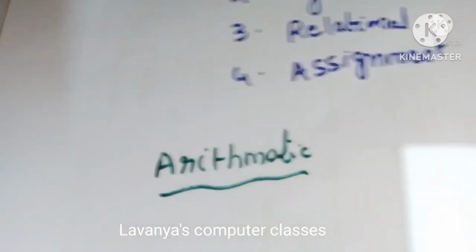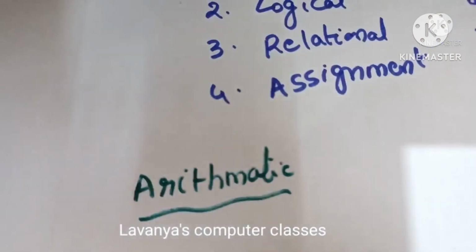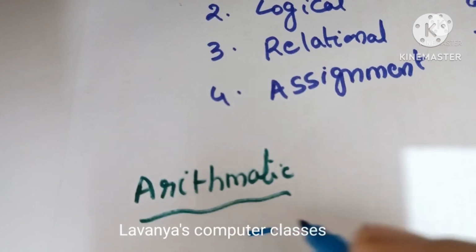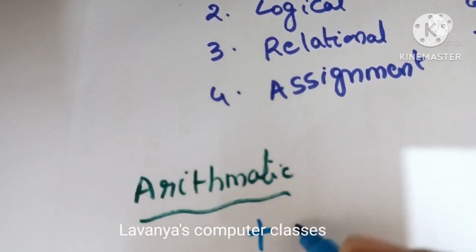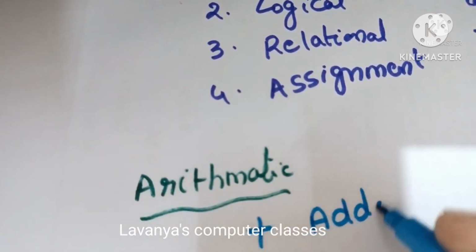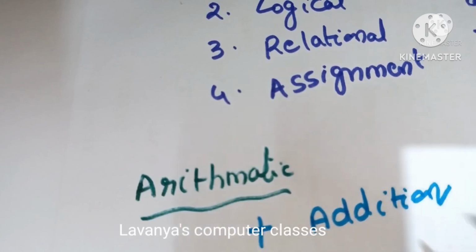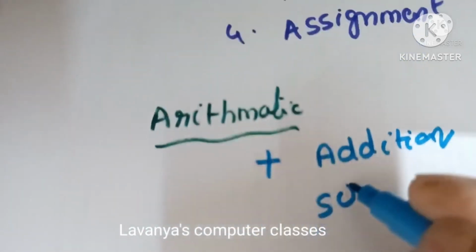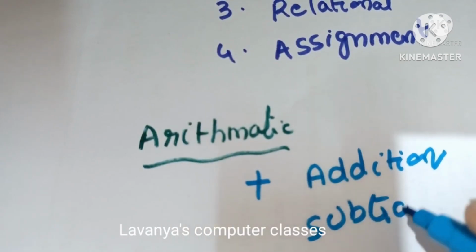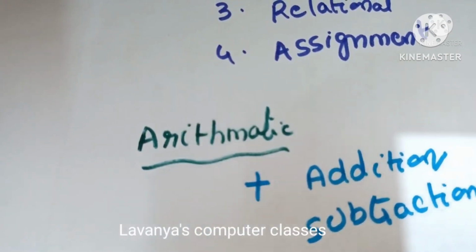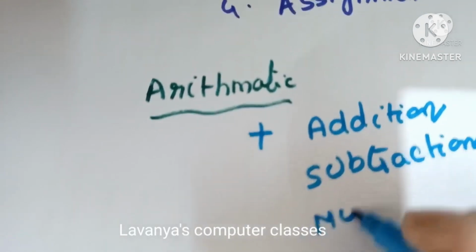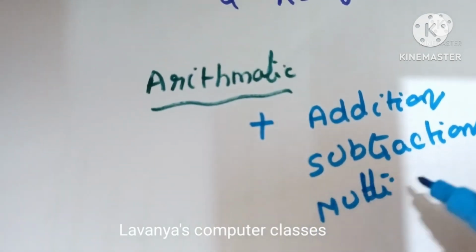In C language, we have 5 arithmetic operators. First arithmetic operator is addition. Second one is subtraction. Third one is multiplication.